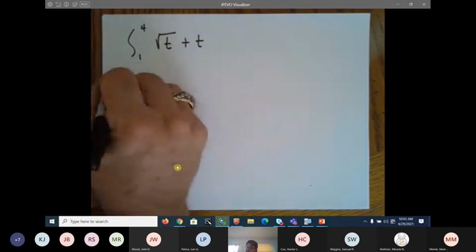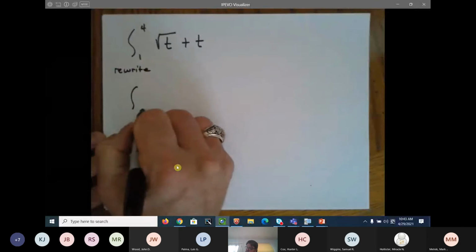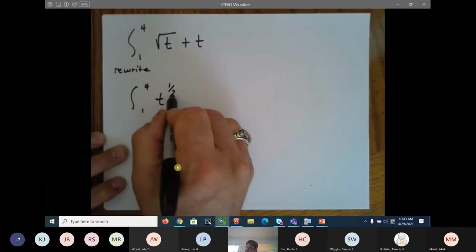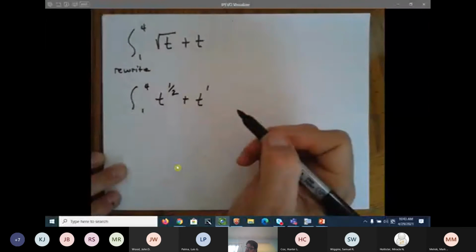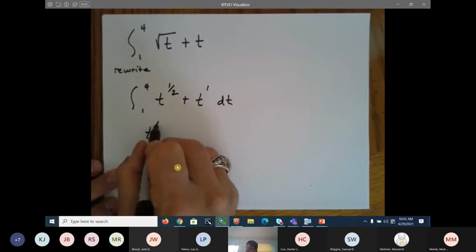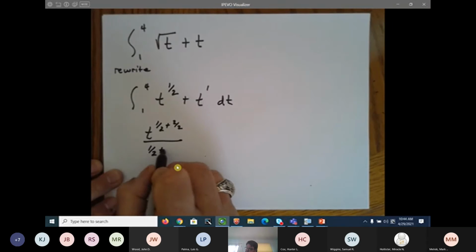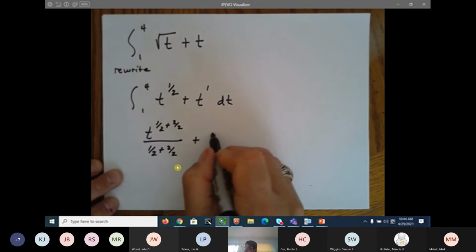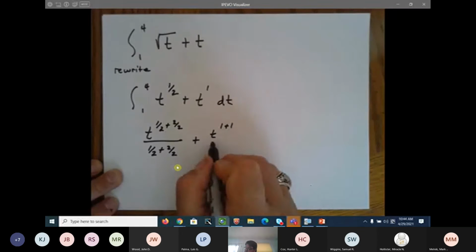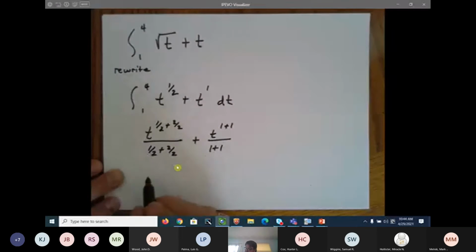So I'm going to rewrite it, because I don't like radicals. It's the integral from 1 to 4 of t to the 1/2 plus t to the 1 dt. And that's going to be t to the 1/2 plus 2/2 over 1/2 plus 2/2, plus t to the 1 plus 1 over 1 plus 1. So that's going to be 2/3, because this is going to be 3/2.